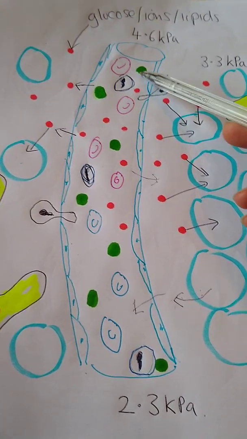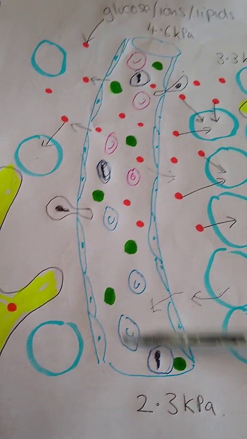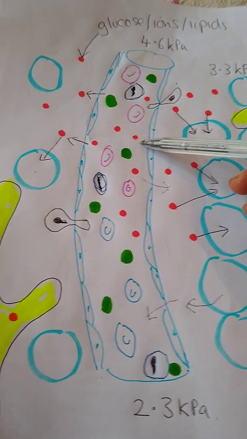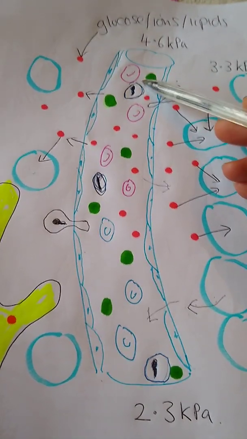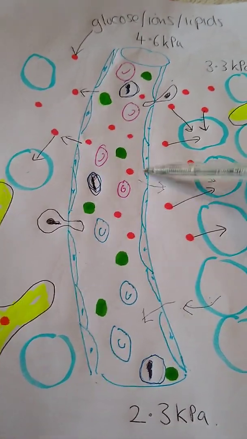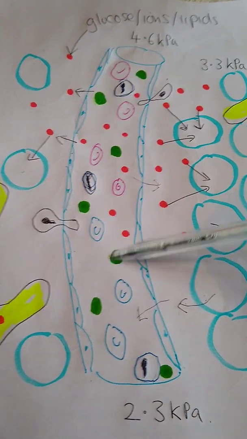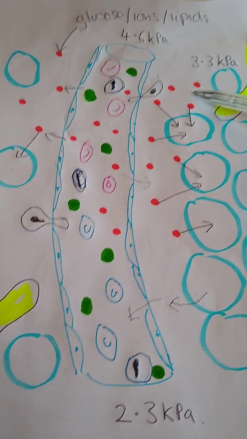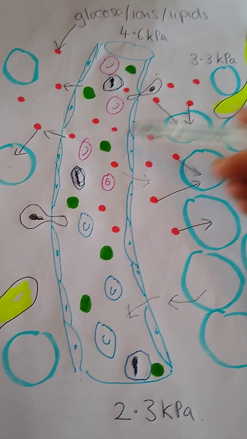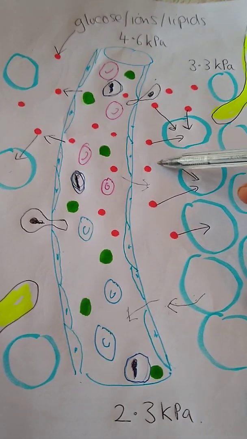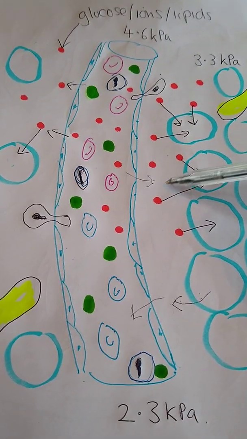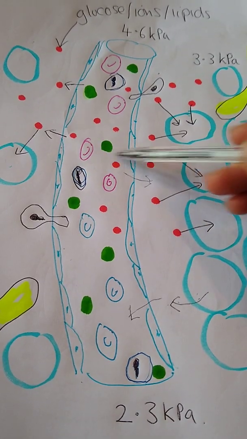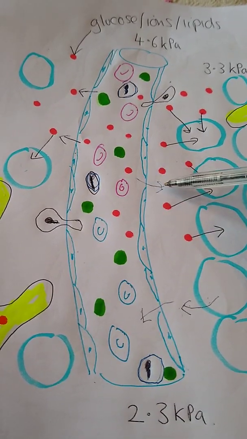So what's causing the flow of things to go through? Well, you'll know from osmosis that when we've got a region of high concentration of solutes compared to a lower concentration, the water would tend to move in this direction by a process called osmosis.